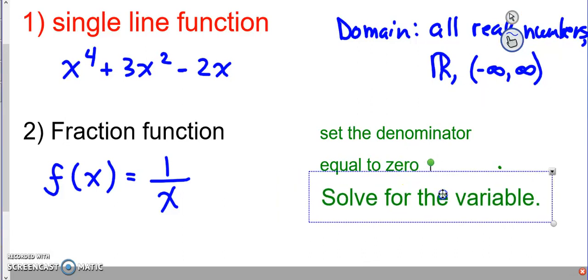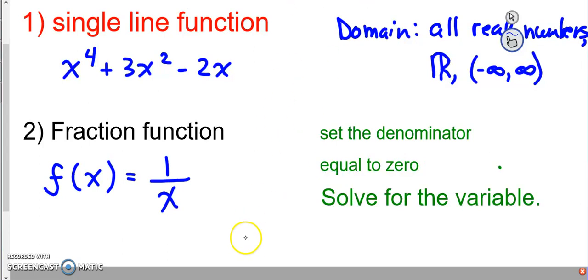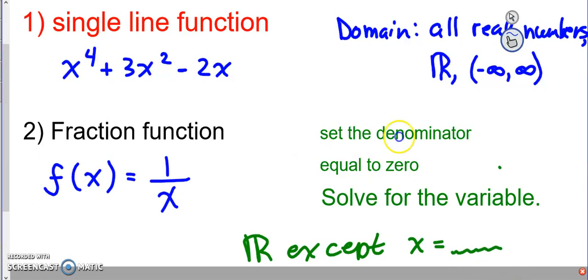There we go. With that, your answer for these functions will always be all reals except what x equals, or what the variable equals. So once you solve for the variable, whatever that variable equals, you're going to say all reals except that answer.